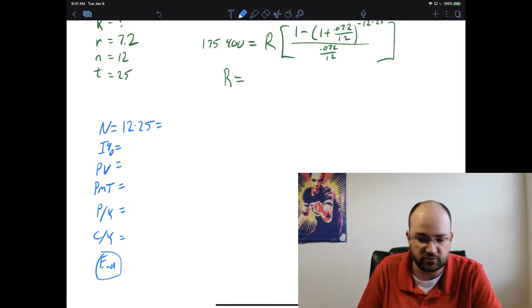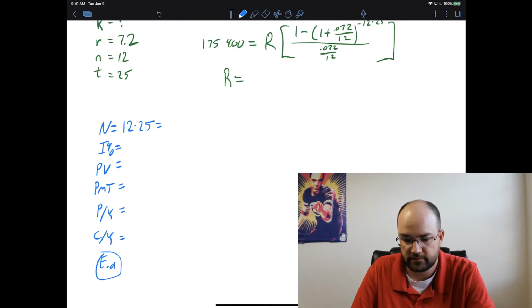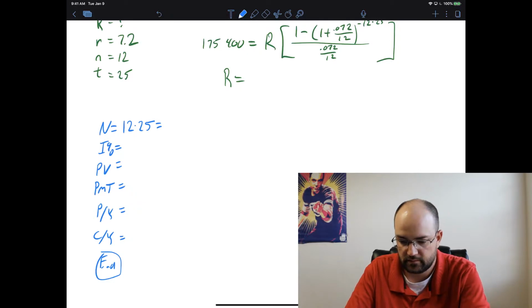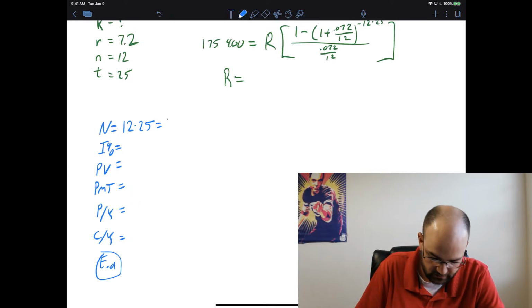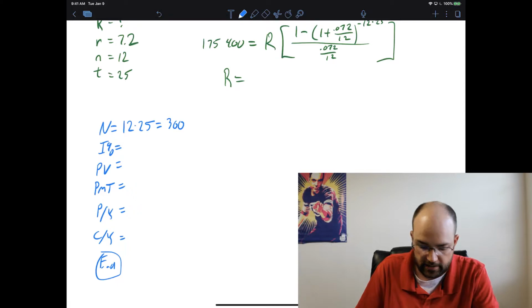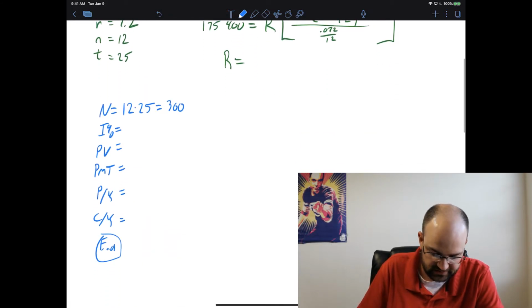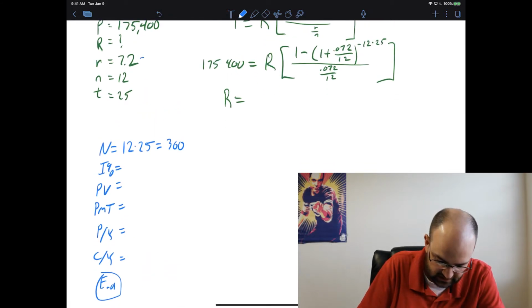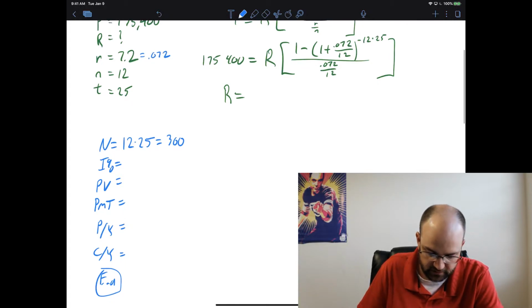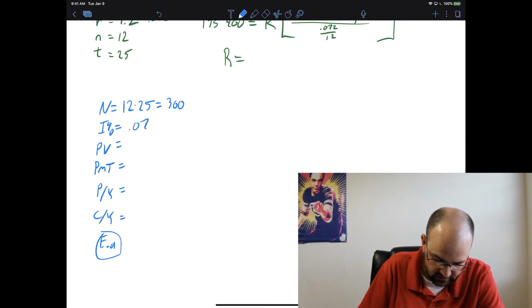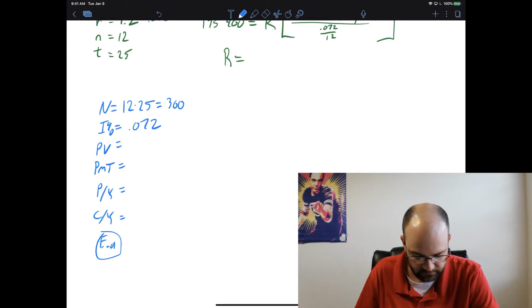So 12 times 25, whatever that happens to be. And that's 300. The I% is the interest rate, which is 7.2%, and I should have done that up there. My apologies. So 0.072. I was thinking ahead too much.